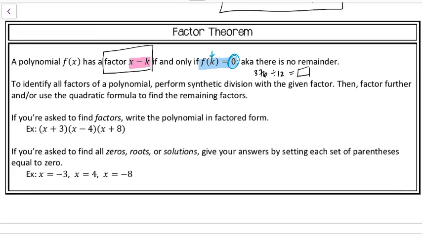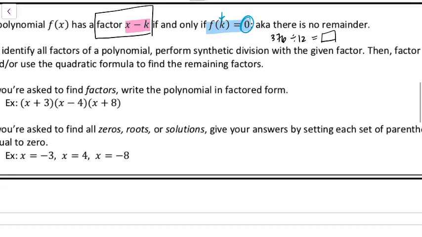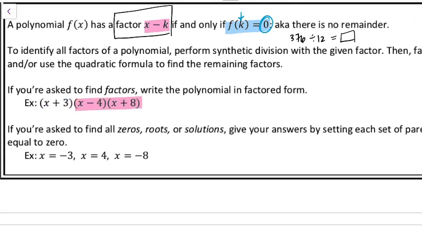So if you are asked to identify all factors of a polynomial, perform synthetic division with whatever number you are given. And for today, you will always be given a factor. Then what you do is you continue to factor, or you use the quadratic formula, or you use any of the factoring patterns we talked about in section 5.4, and you find the remaining factors. And then you have to pay special attention to what you're asked to find. If you are asked to find factors, we leave it in those parentheses, right? x plus 3, x minus 4, x plus 8.